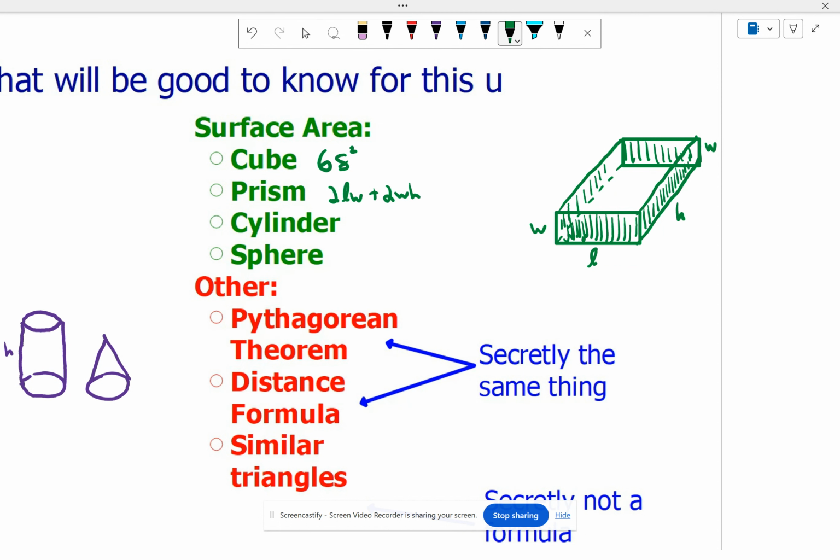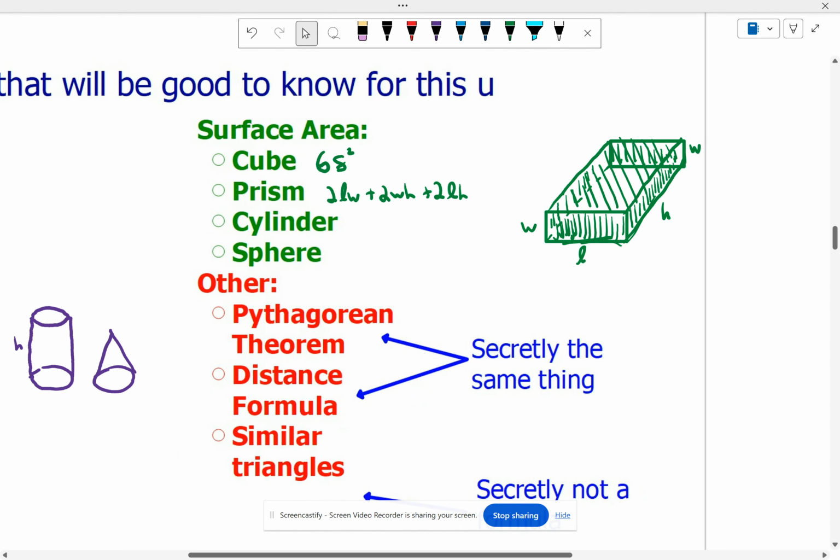And then you have the ceiling here. Now the ceiling is the length times the height. And there's also a floor, so there's a ceiling and a floor, so there are 2 of them. So that's how you find the surface area of a rectangular prism. For a cylinder, there is a circle on the bottom and a circle on the top.